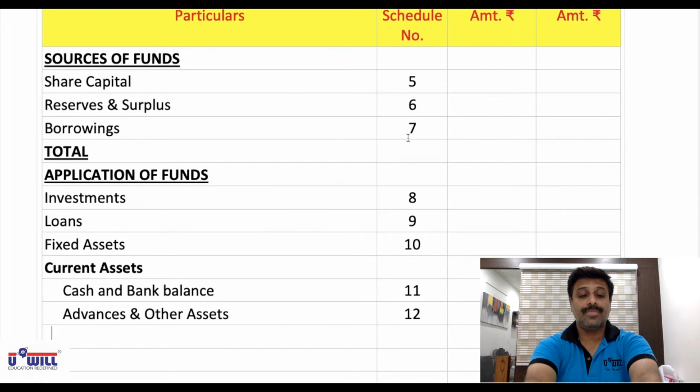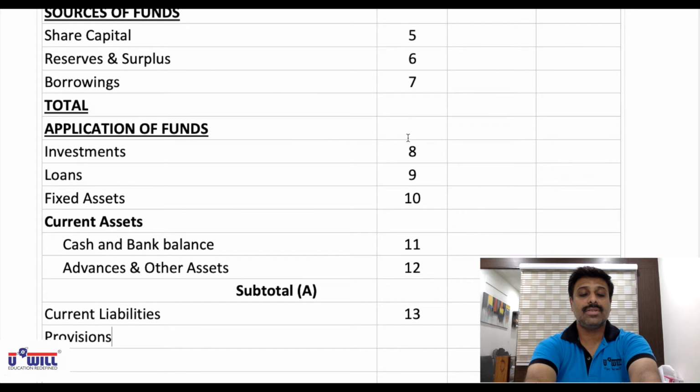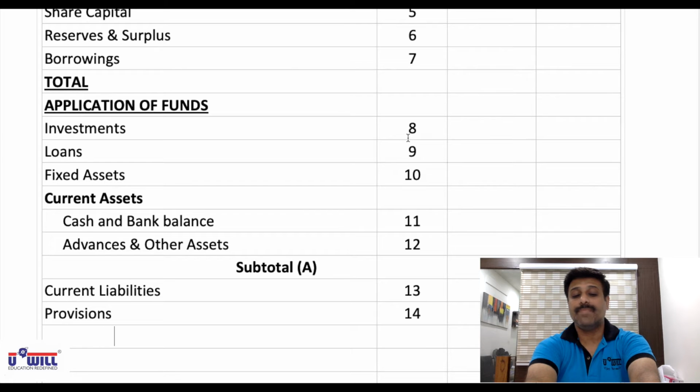Here we will show subtotal A. Then we will have current liabilities, schedule number 13. Then we will have provisions, schedule number 14. Then we will have subtotal B. The total of cash and bank balance and advances would be subtotal A, and the total of current liabilities and provisions would be subtotal B.